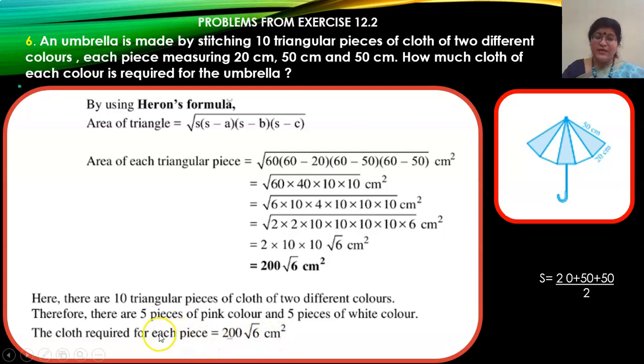So what will be the area of cloth required for 5 such triangles? Because if you look at the umbrella, there are 5 such blue triangles and 5 white triangles. Or you could say 5 pink triangles and 5 white triangles. Let's have a look at how much cloth is required.